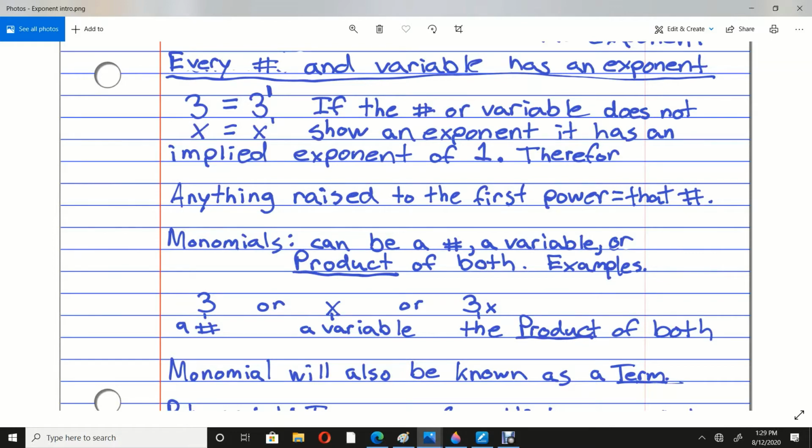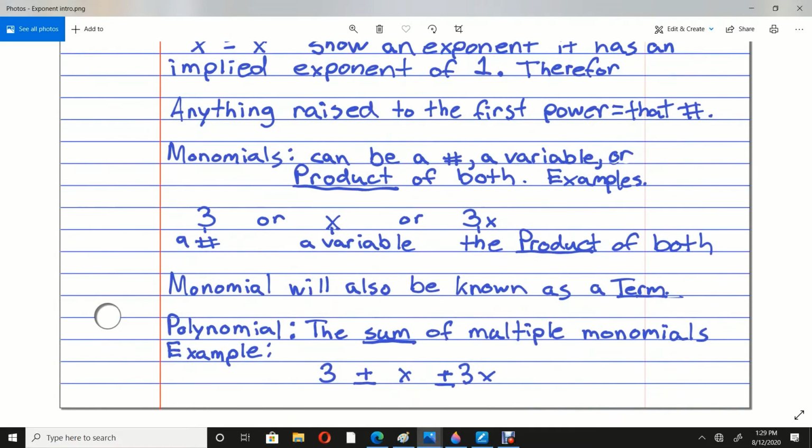So here's some examples of a monomial. 3, a number, right? 3 is a number. 3 is a monomial. Or we could have x, a variable. It's just one variable, so it's a monomial. Or we can have the product of both, the product of the number and the variable, 3x.